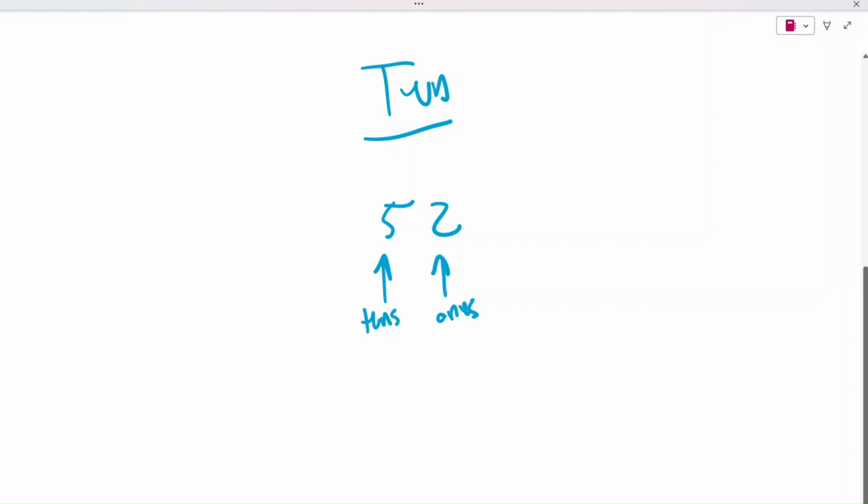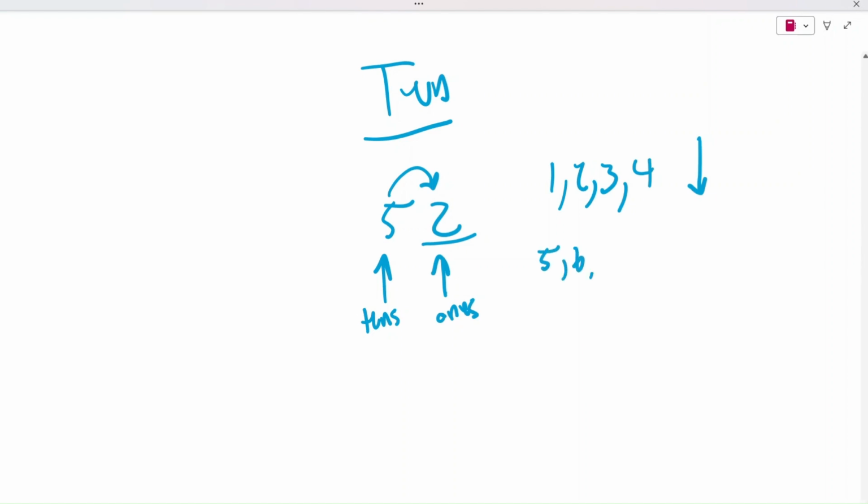So when it says round to the nearest 10, we look at the 10 and we look to the digit to its right. So we will look at the digit in the ones location. Now, if this digit is 1, 2, 3, or 4, we round down. And if this digit is 5, 6, 7, 8, or 9, we round up.